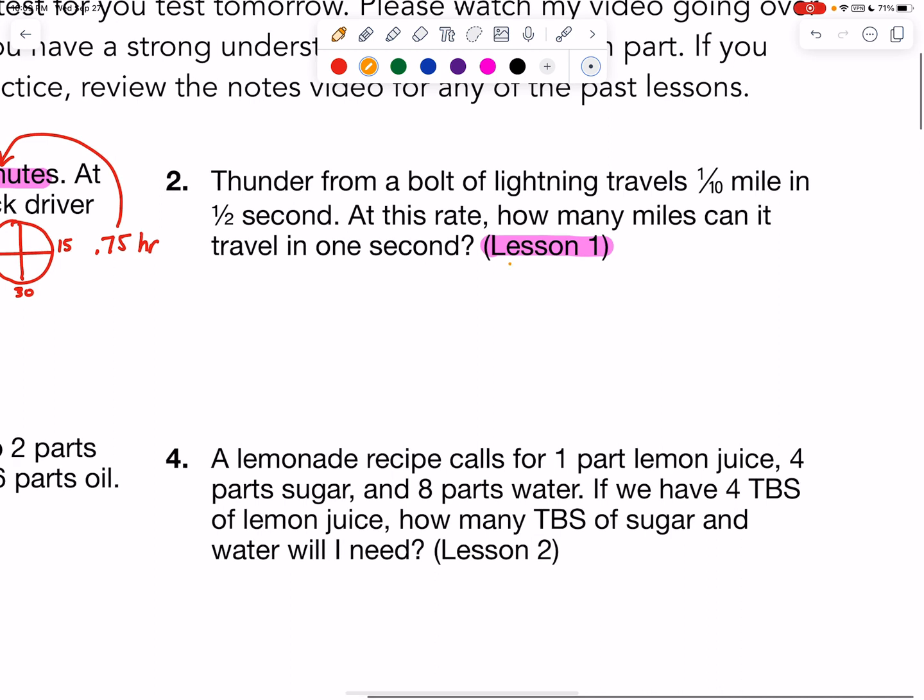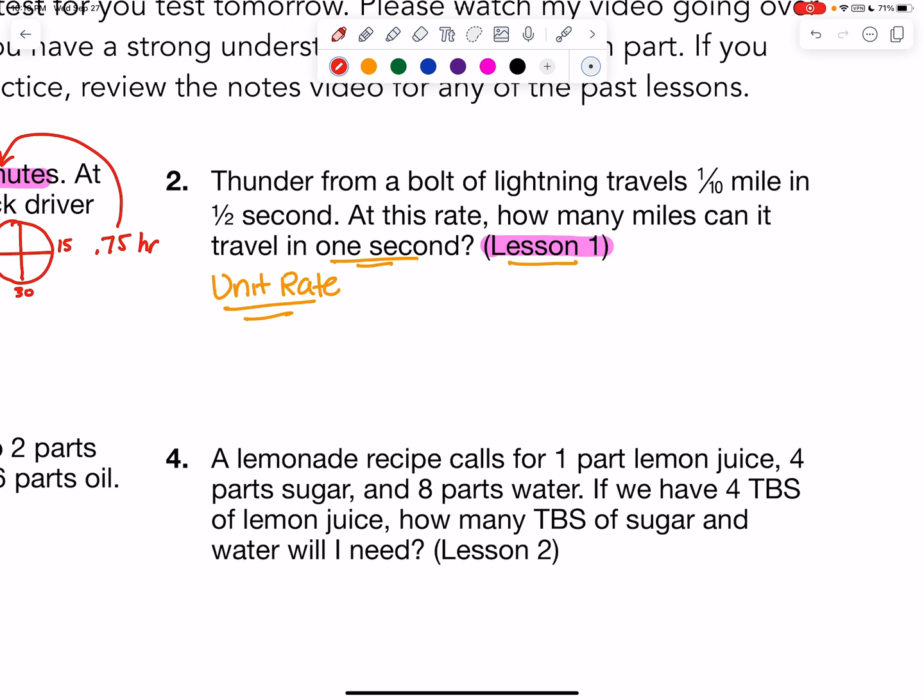This is also from lesson 1. It says, thunder from a bolt of lightning travels 1/10 mile in half a second. At this rate, how many miles can it travel in 1 second? Because it's asking that, I know this is a unit rate type of question. I'm just taking note of that as a mathematician. Let's get the rate here.